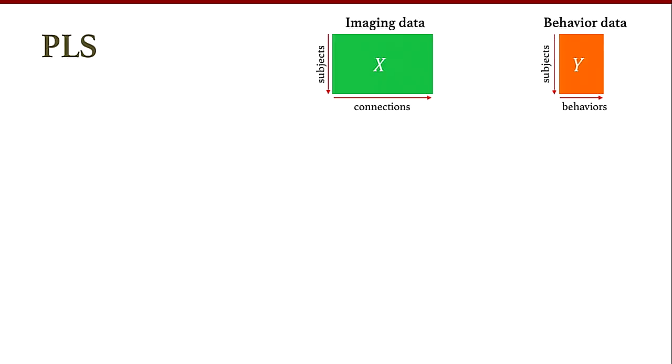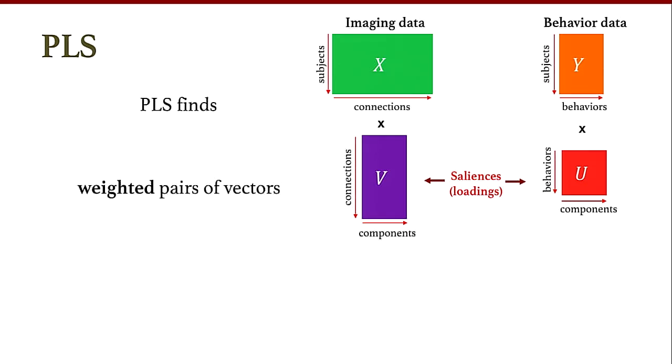These weighted pairs of vectors will be contained in matrices V and U, which are called saliences, or loadings in principal components analysis. In matrix V, for instance, you will have a weight for each connection and for each component. In matrix U, a weight for each behavior and for each component.